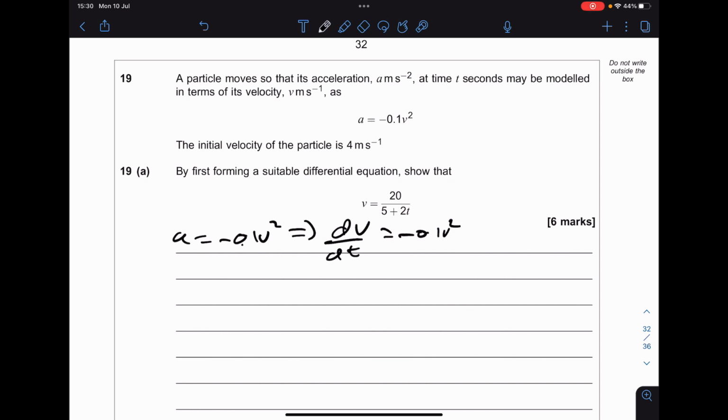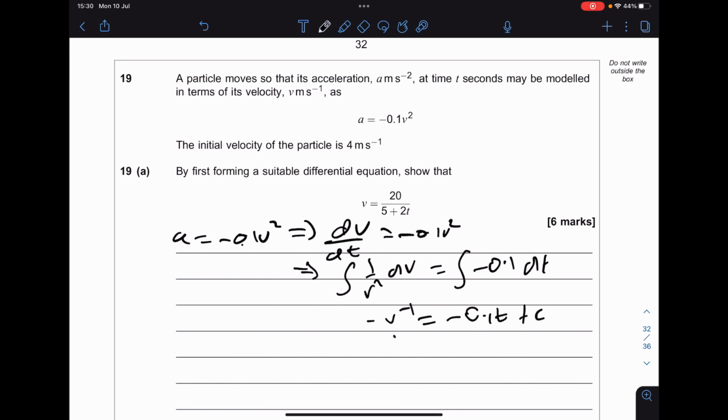That tells me that the integral of 1 over v squared dv, solving by separation of variables, is the integral of minus 0.1 dt. So minus v to the minus 1 is minus 0.1 t plus c.